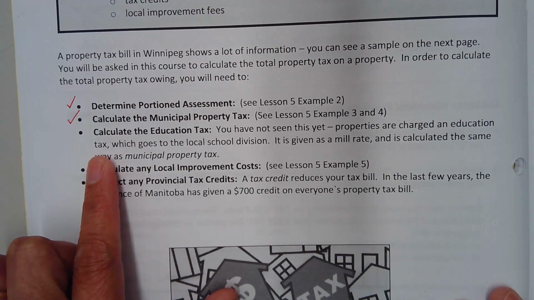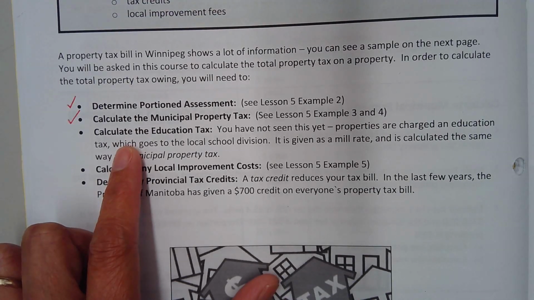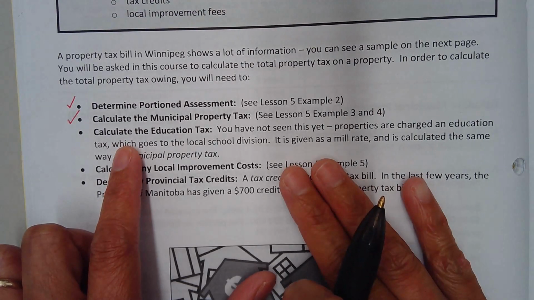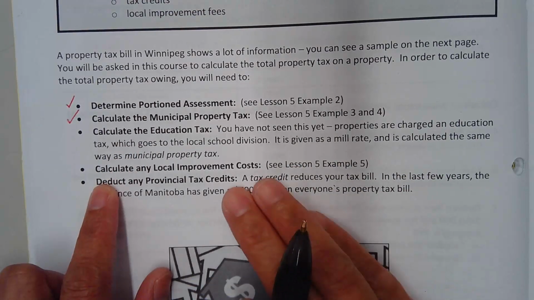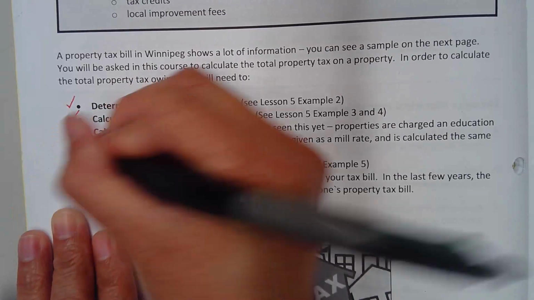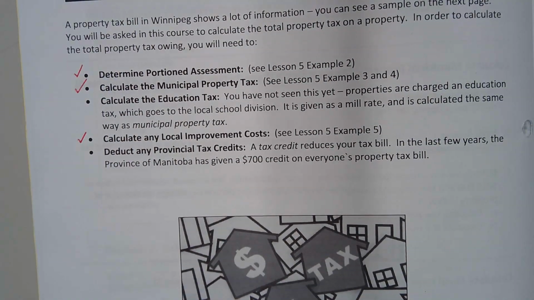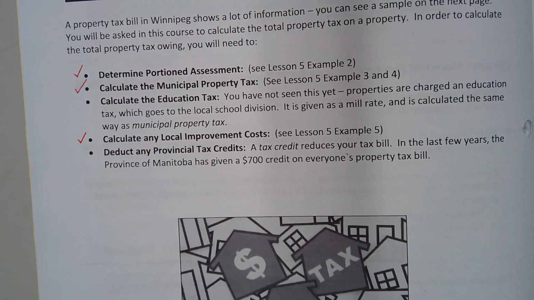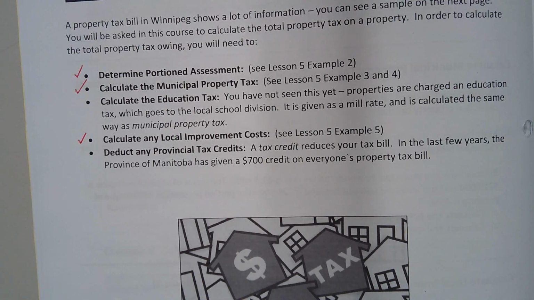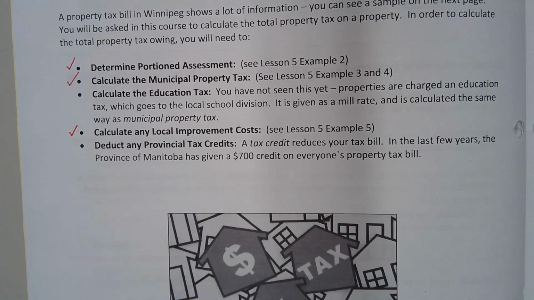Calculate education tax. This one we haven't done yet, but it's very similar to what we've seen before from yesterday, so nothing super new. Calculate local improvement. Yeah, we've seen that one. And then this one we haven't seen. Any provincial tax credit. So far, every year, at least on my tax bill and other people's tax bill, there's a $700 credit.